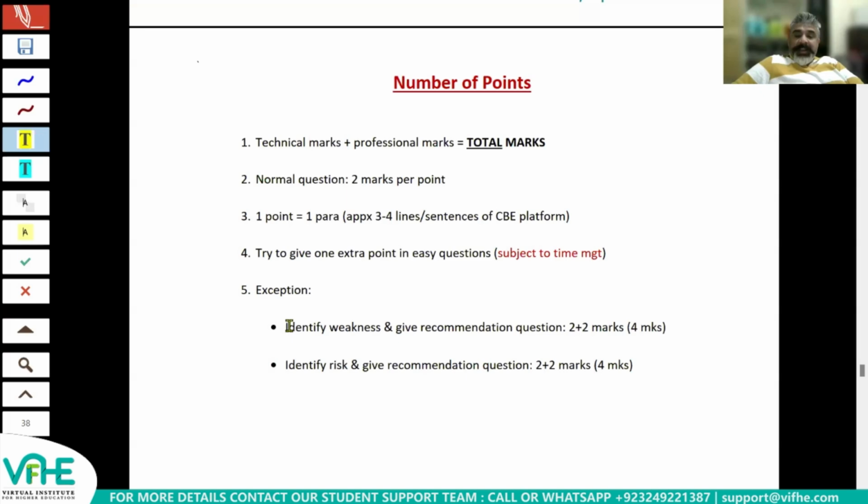Now, if the question says identify the weakness and give recommendation, or identify the risks and give recommendation, will we make a tabular format? Yes or no?